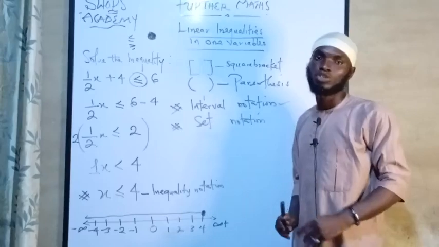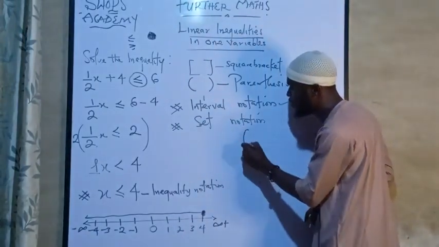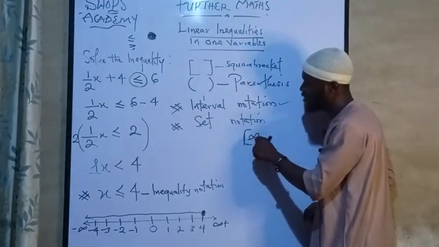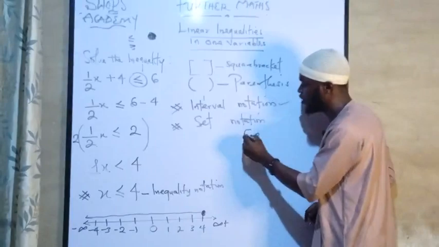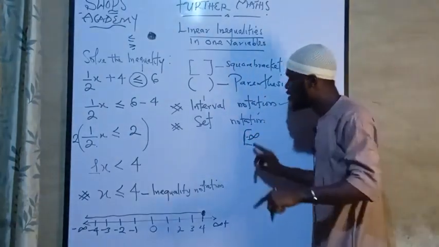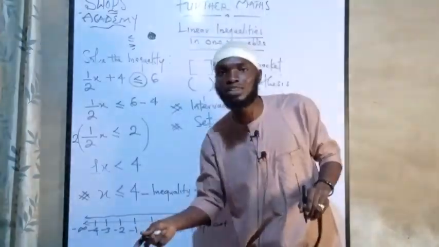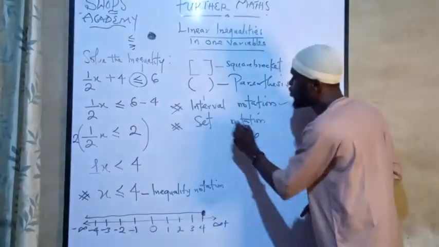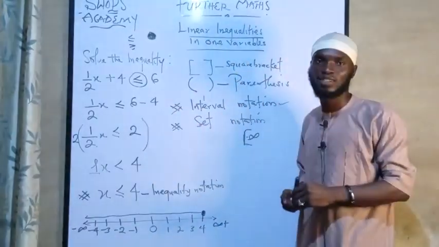It is forbidden to use a square bracket with infinity. Whenever you are dealing with either positive or negative infinity, are we together? You must make use of parentheses.